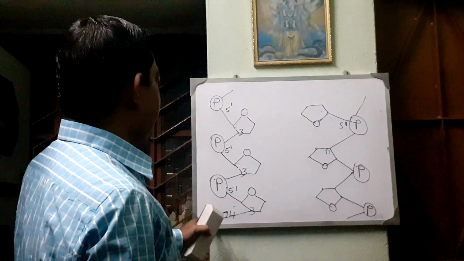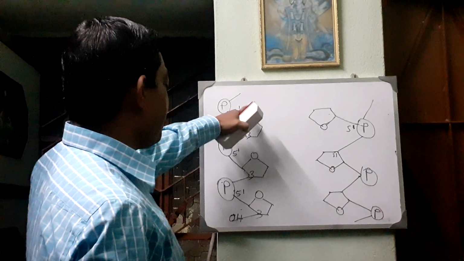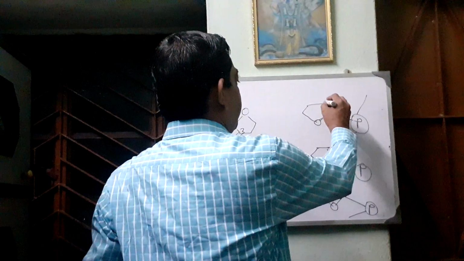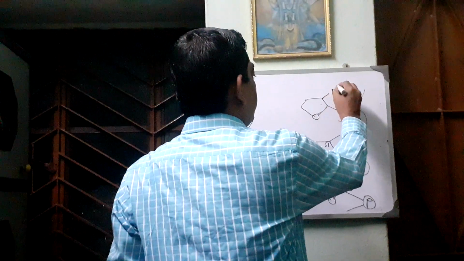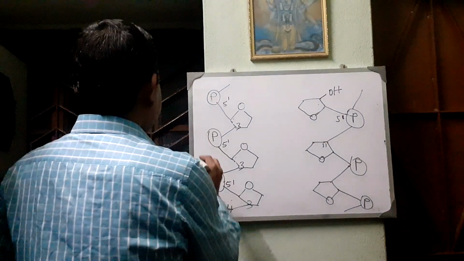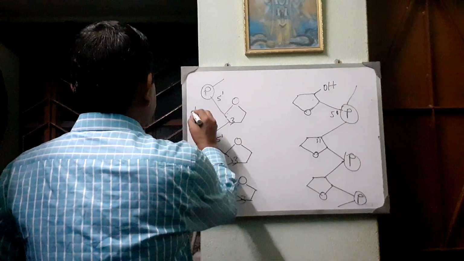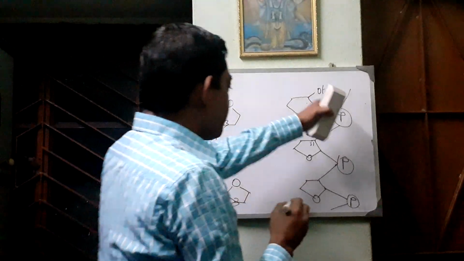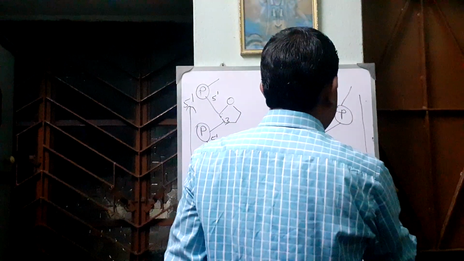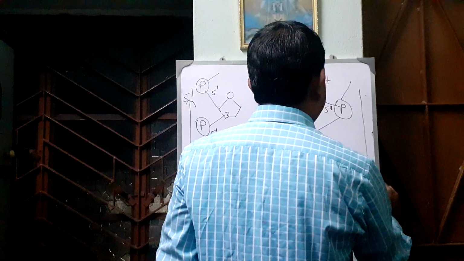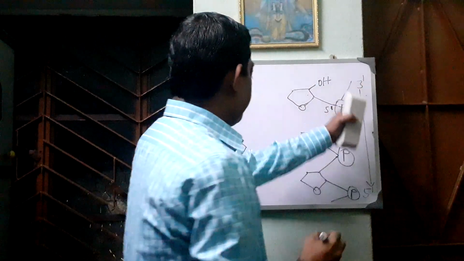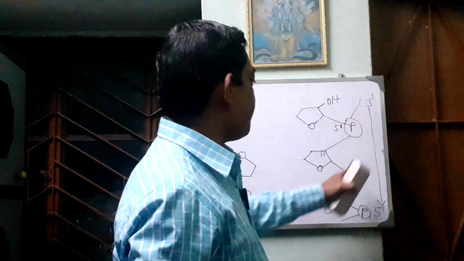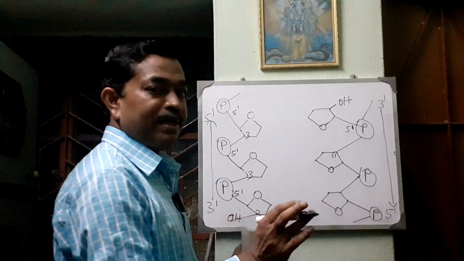So you can see that in one strand the 5 prime is open, and in the other the 3 prime is open, with the OH group. This strand runs in the 3 to 5 prime direction, and the other strand runs in the opposite direction, 5 to 3 prime. So they are opposite to each other, anti-parallel.